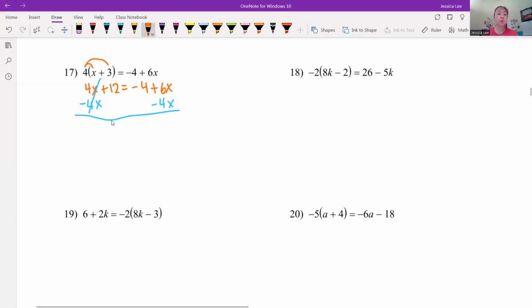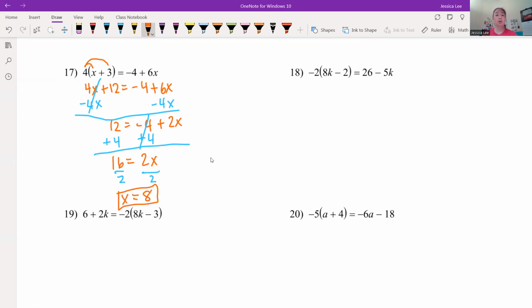And that gives us 12 is equal to -4 plus 2x, right? 6x minus 4x is 2x. Now we're back at our two-step equation. So we're going to add 4 to both sides. All right, so 12 plus 4, that's going to be 16 is equal to 2x. And then divide both sides by 2. We get x is equal to 8.